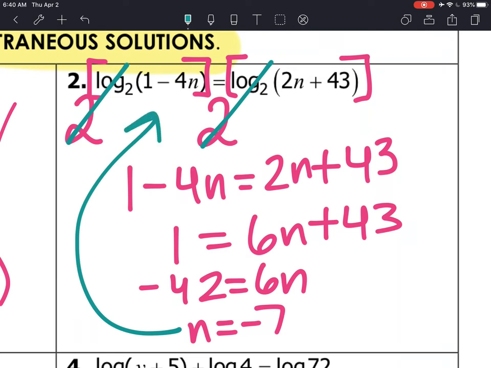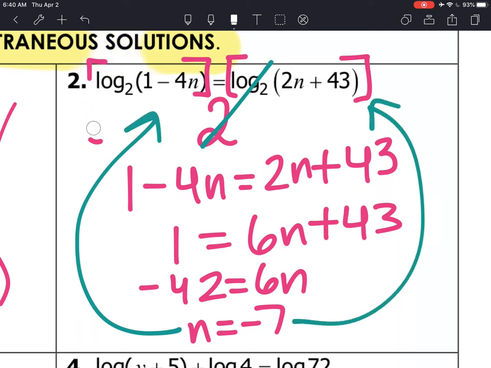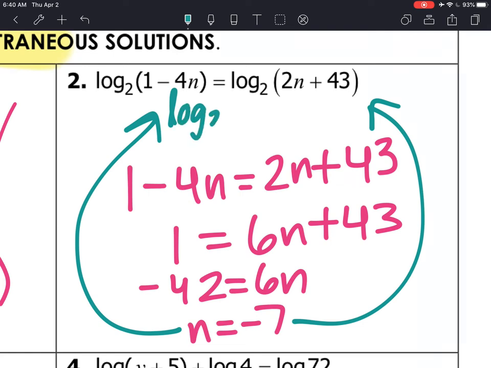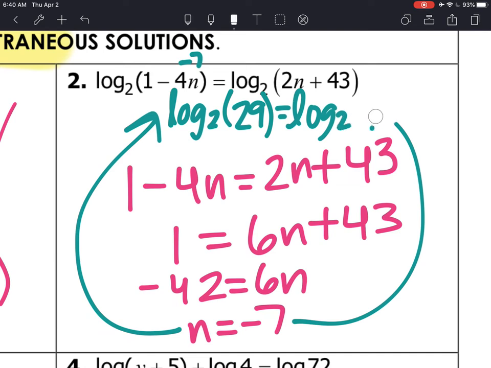Alright, and then we gotta check this negative 7 by plugging into both sides of the equation. But I do have to erase what I did here so we can see a little clearer. So if I plug it in, I'm going to get log base 2. If I plug in negative 7 there, negative 4 times negative 7 is a positive 28. 1 plus 28 is 29.